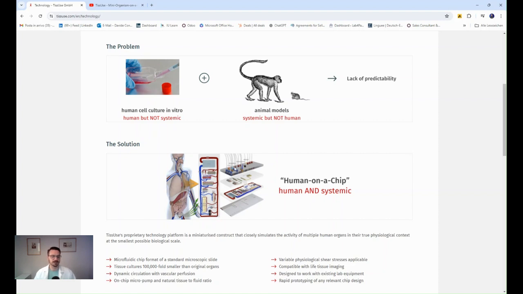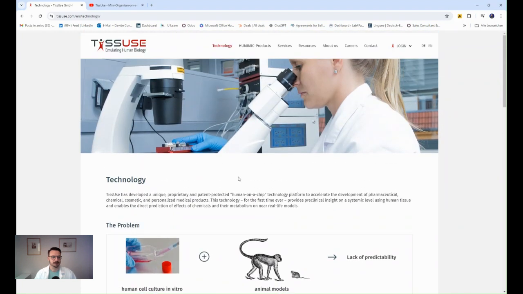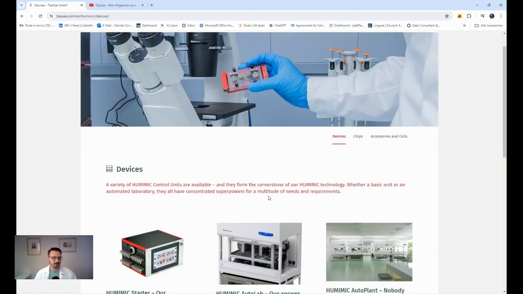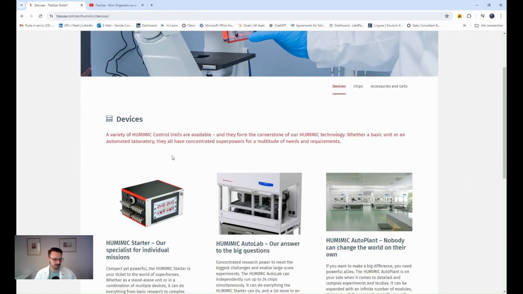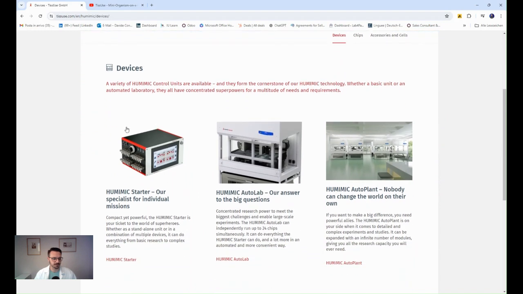And so these are obviously quite complex chips altogether. And they offer several of them. They are called HuMimic products, and they have devices that are basically controlling this. So they have one for the single experiments, for the single chips, so to say.